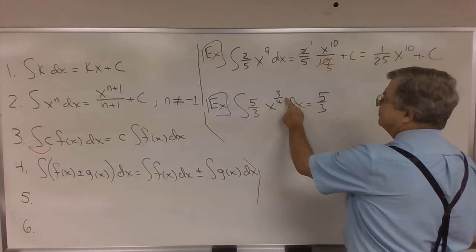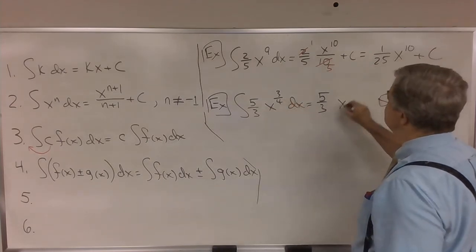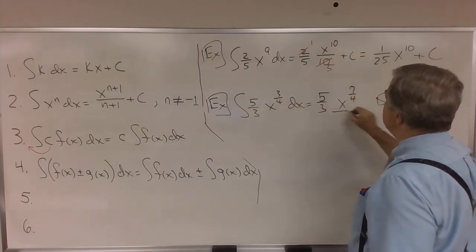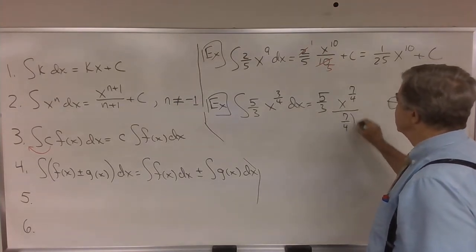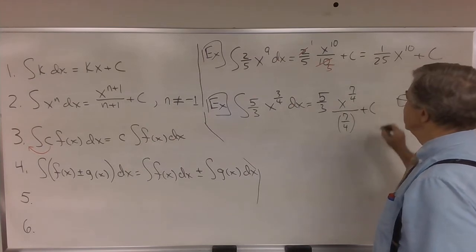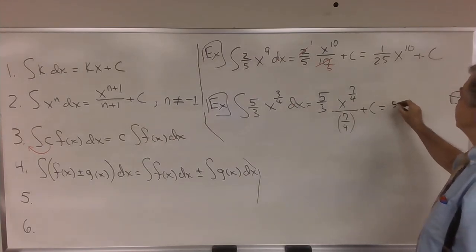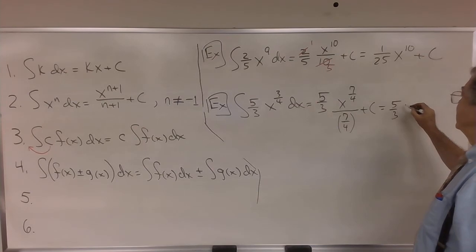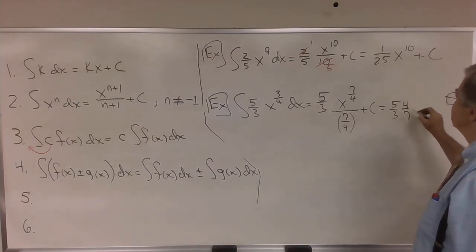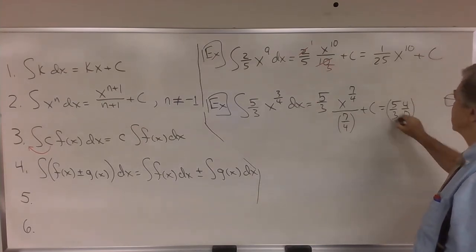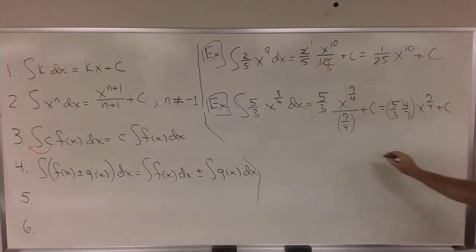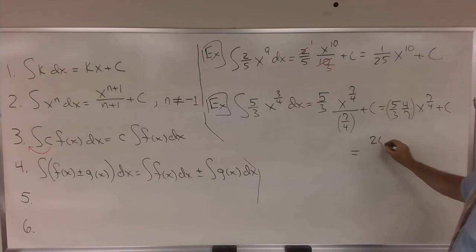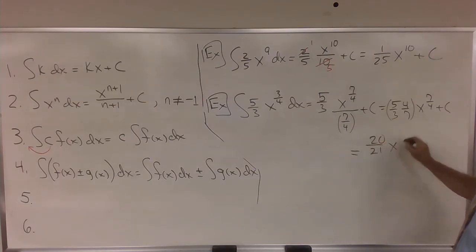So 4/4 plus 3/4 is 7/4. And then we divide by the new exponent, 7/4. No canceling going on here at all. So 5/3 times 4/7, x to the 7/4 plus c. And that's going to be 20/21 x to the 7/4 plus c.